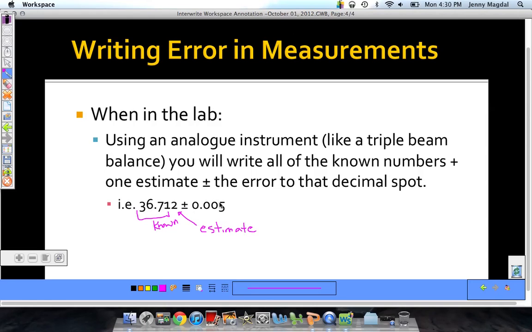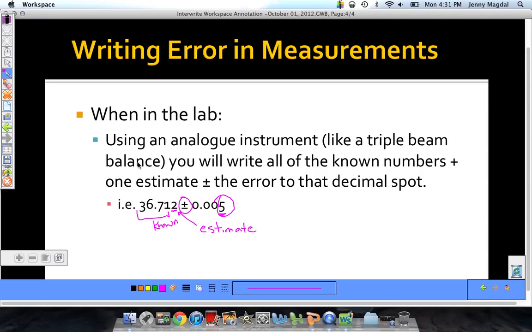So my error value is going to be plus or minus a 5 in that last spot. So I'm in the thousandth spot. We're always going to use 5 for the instruments that we have. We don't have the most precise instruments out there, so our error really could be half of that last one that we're making the estimate on. So we will always use a 5 in our values there.